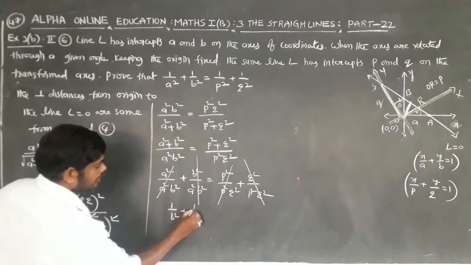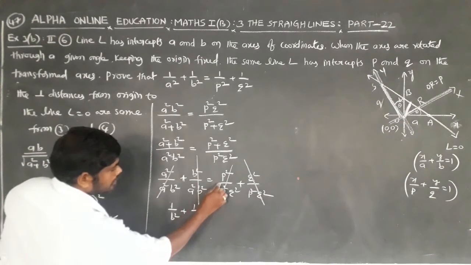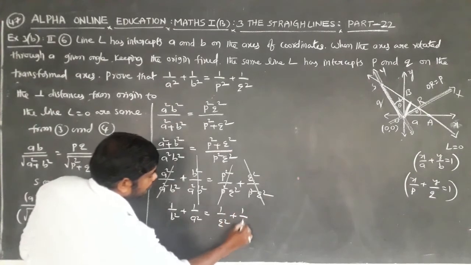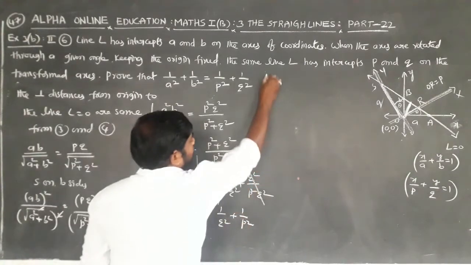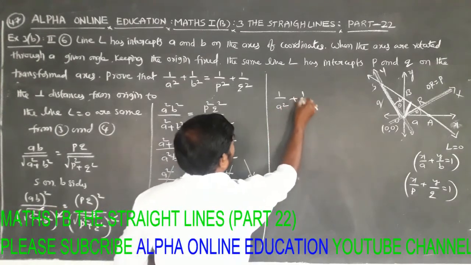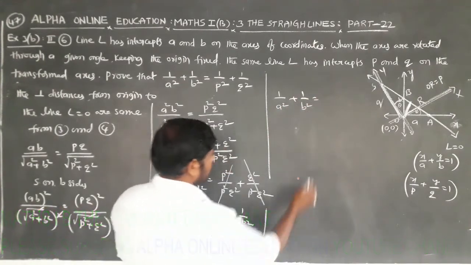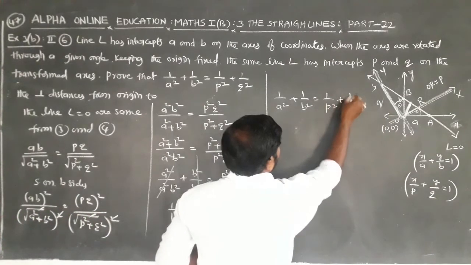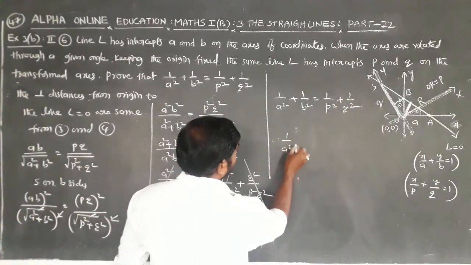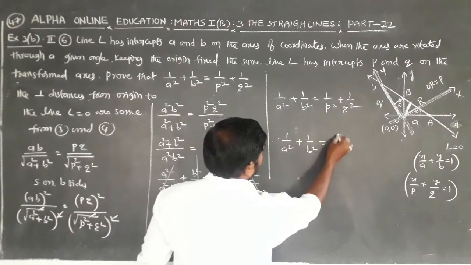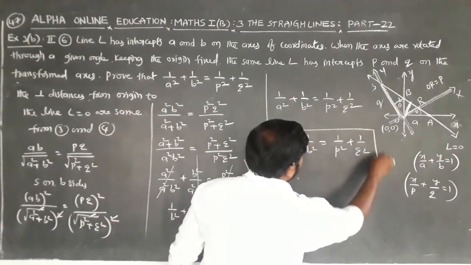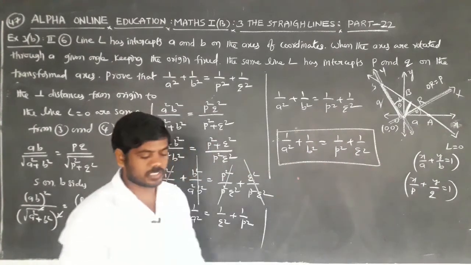Remaining value: 1 by B square plus 1 by A square is equal to 1 by Q square plus 1 by P square. Write in order: 1 by A square plus 1 by B square is equal to 1 by P square plus 1 by Q square. This is the proof.